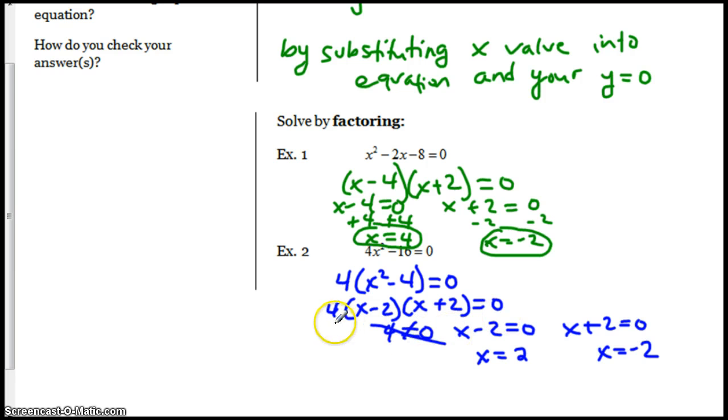So when you have a constant that you factored out, that turns into a non-factor. It's not a solution. So you just cancel that one out, and then you set the other equal to 0, because this 4 can never equal 0, so that's why it's not one of the solutions. So our two solutions for number 2 would be x equals 2 and x equals -2.